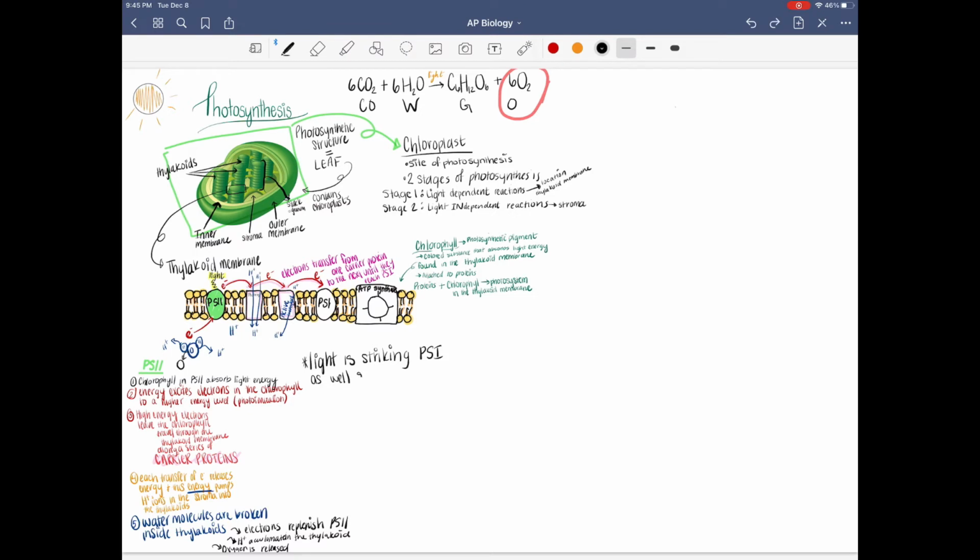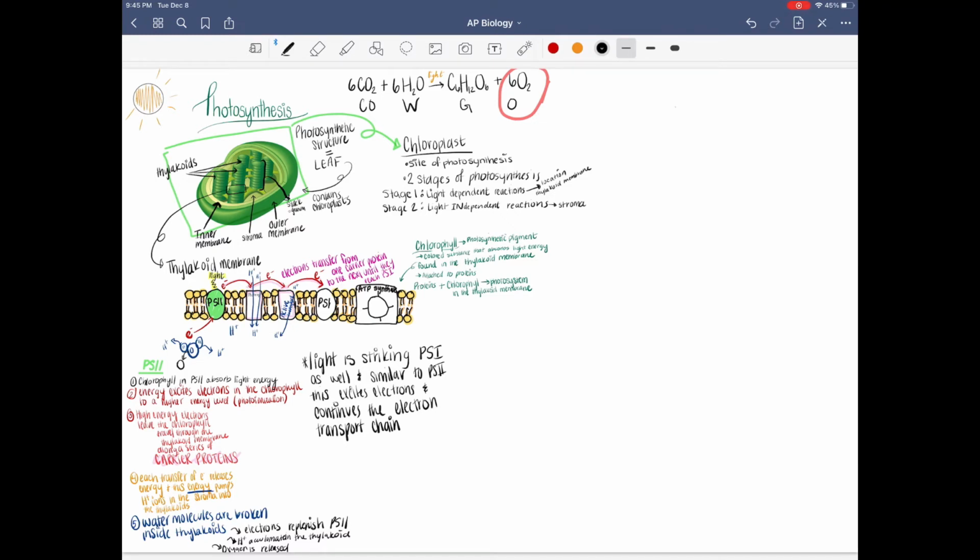All right, so let's talk about photosystem 1. Okay, so we know that the light's hitting photosystem 2, and as it's hitting photosystem 2, it's starting that process of exciting the electrons, causing them to move along. Well, the light, at the same time that it hits photosystem 2, is going to be hitting photosystem 1 as well.